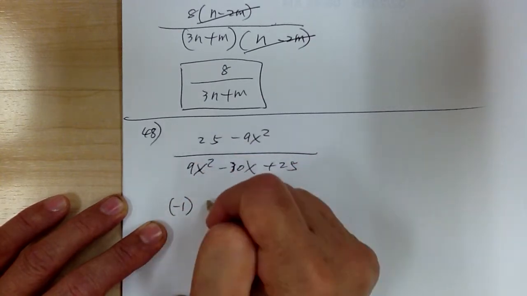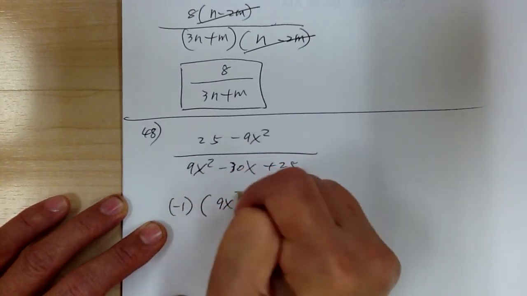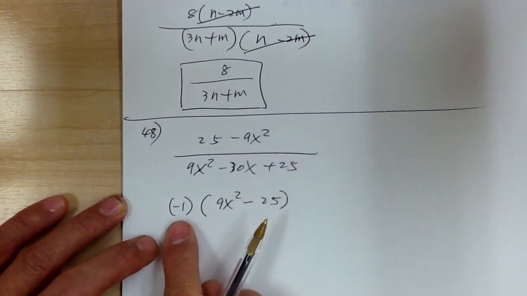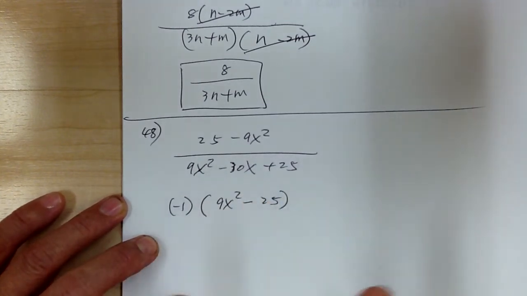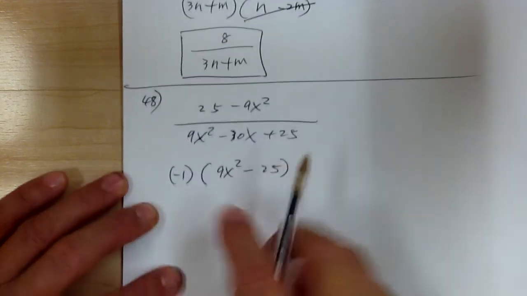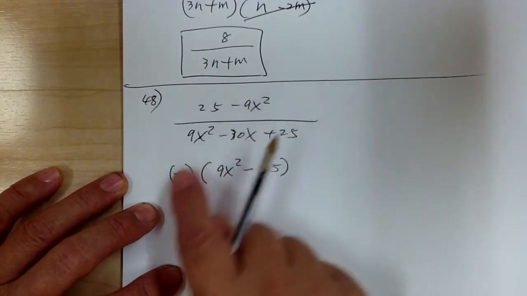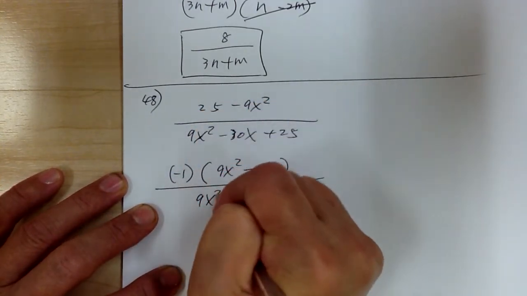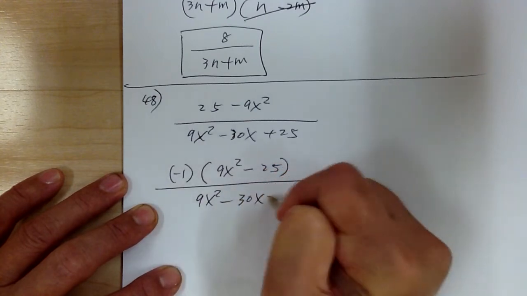Again, to switch the subtraction, you have to factor out a -1 or multiply by -1. -1 is used to switch the terms in the subtraction. And you can check: this times -1 gives you that. On the bottom, keep the same for now.